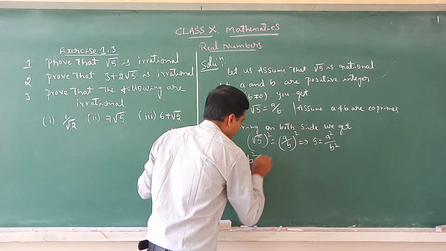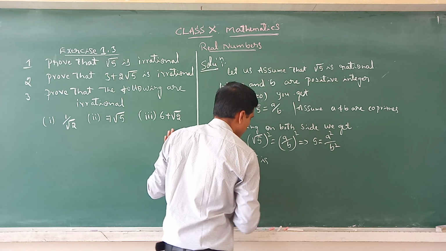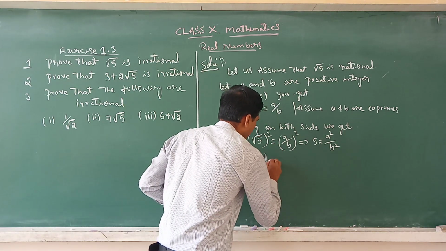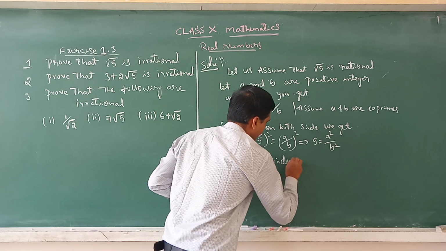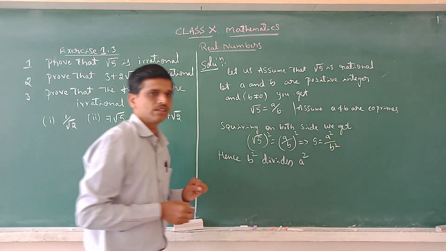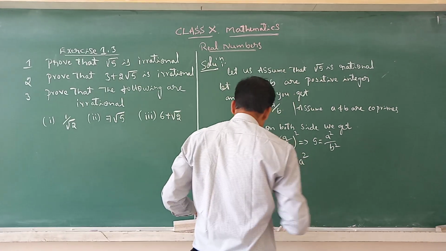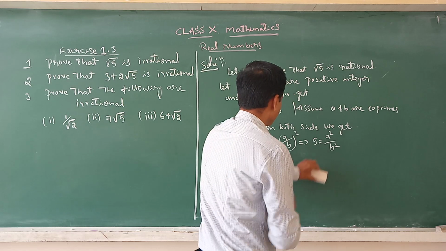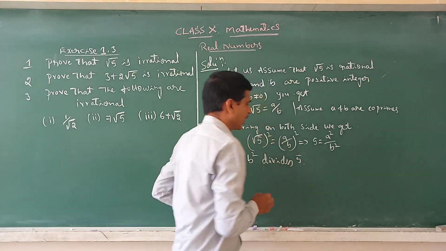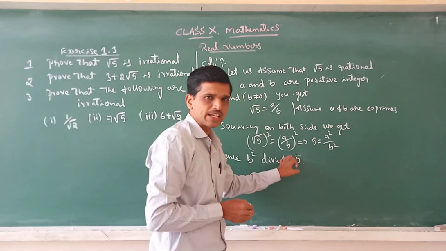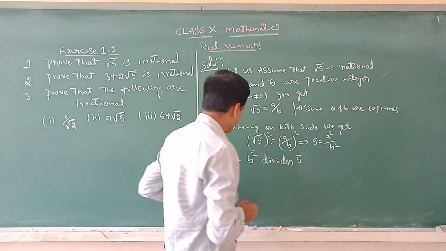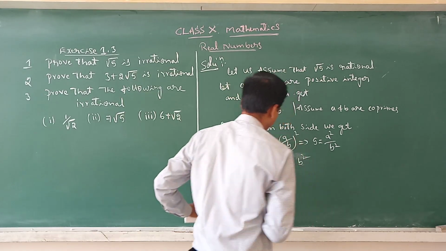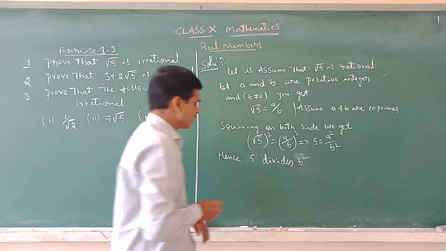So b square divides a square. Here it means 5 divides b square. In the same way, otherwise you can write it like this also: 5 divides b square.